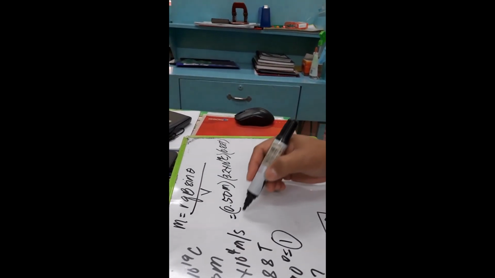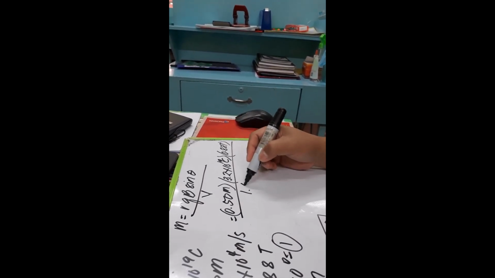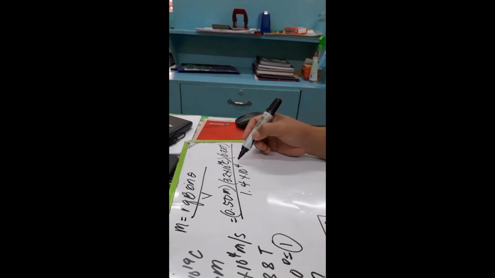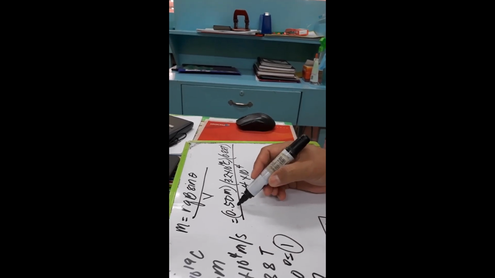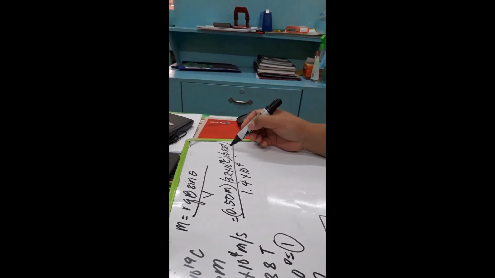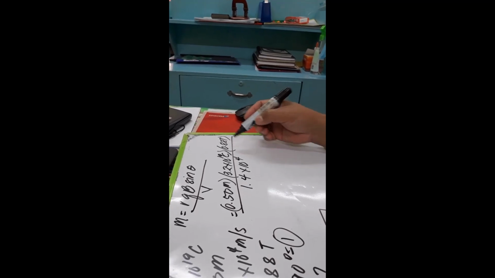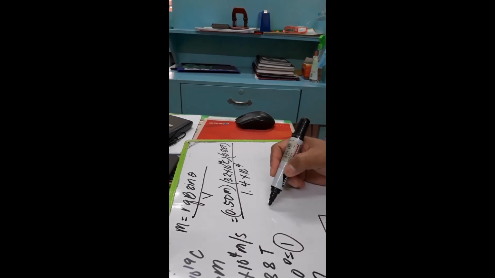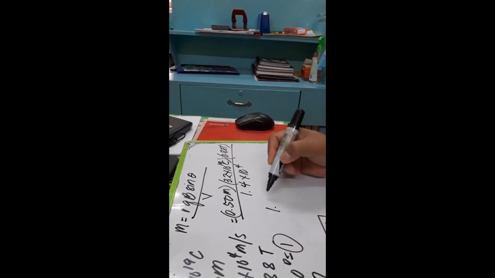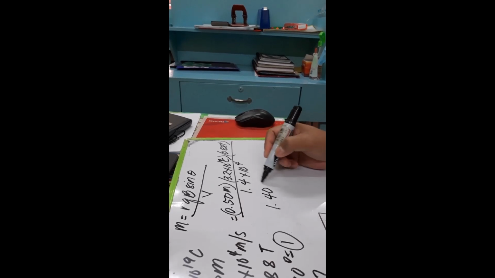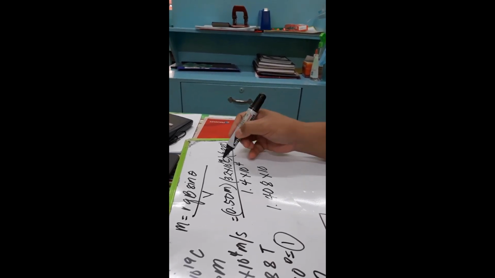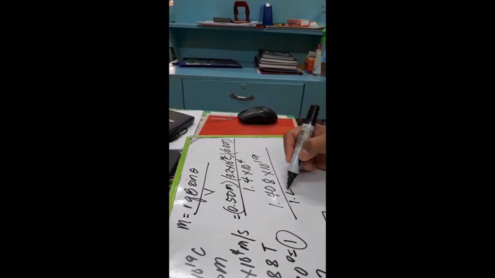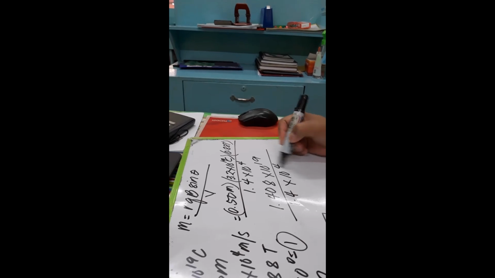1 pa rin po yan. Over po natin, which is 1.4 times 10 raised to 4. Okay? So, 0.50 multiplied by 3.2 multiplied by 0.88. So, we have here, our answer must be 1.408 times 10 raised to, copy mo yung exponent, that is 19 over 1.4 times 10 raised to 4.